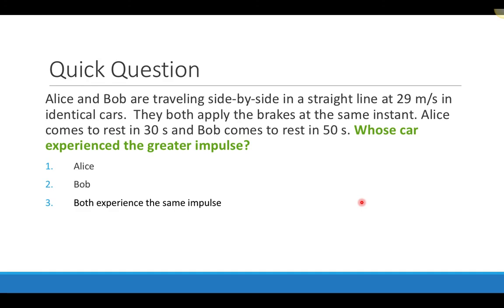Again, we have to be careful. Greater impulse. Impulse is equal to change in momentum. Both cars are identical. They're both traveling at 29 meters per second, so they have the same initial momentum. They both come to rest, so they both have the same final momentum, which means that they have the same change in momentum.